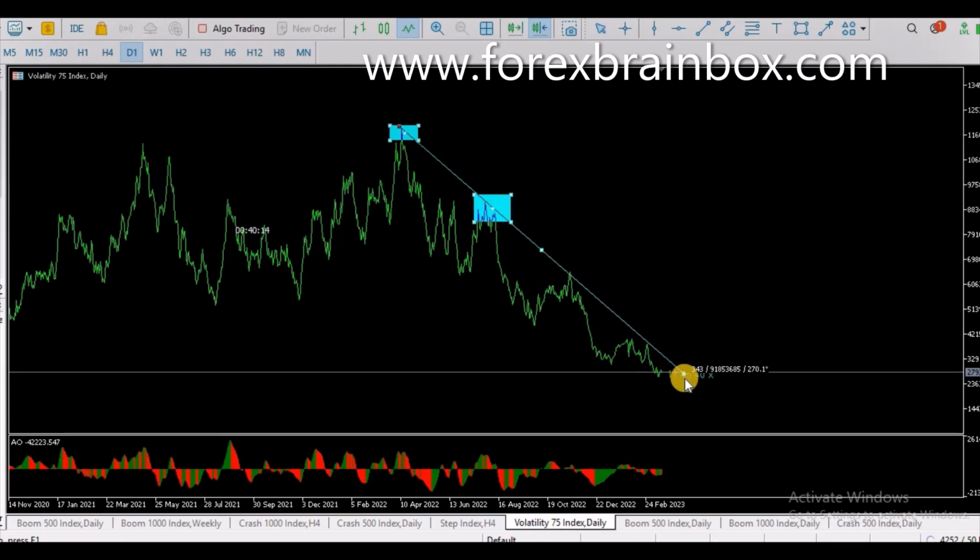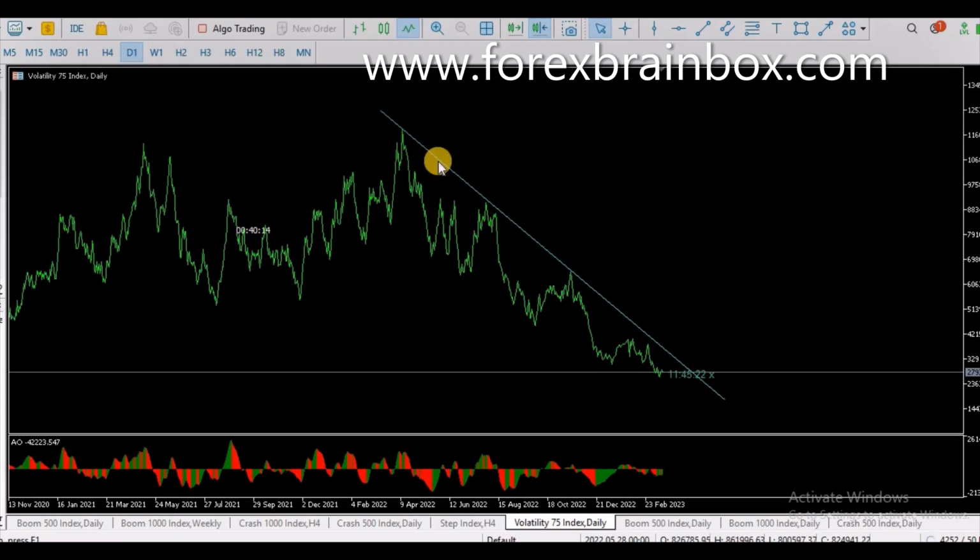Once these 2 peaks are connected, all you'll be waiting for is price to retrace to the third peak. By the way, when the market is on a dominant trend and it starts to go against the trend, that's what we call a retracement. So we are looking at selling at a retracement when price retraces back to this level.